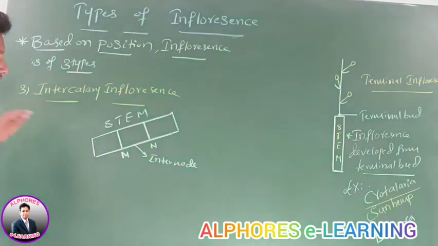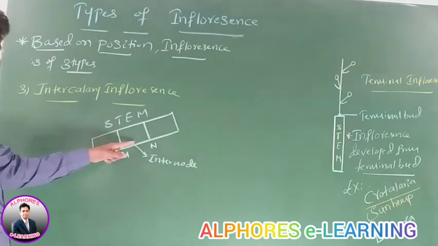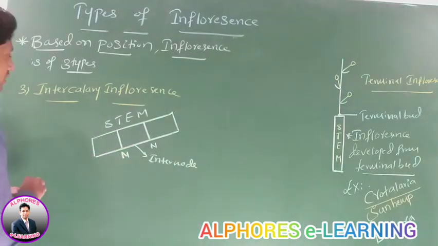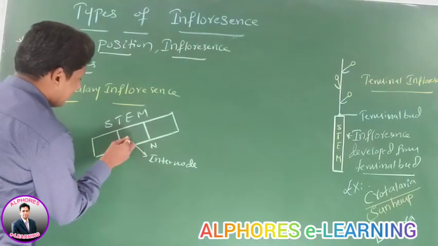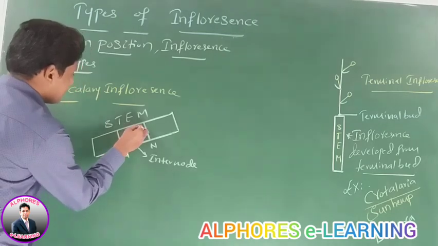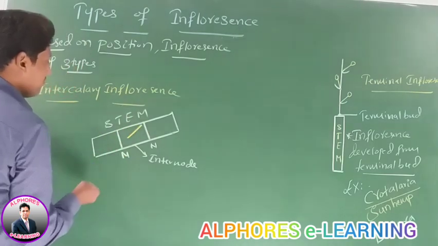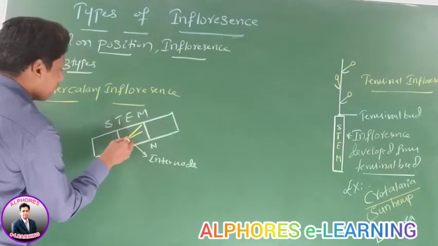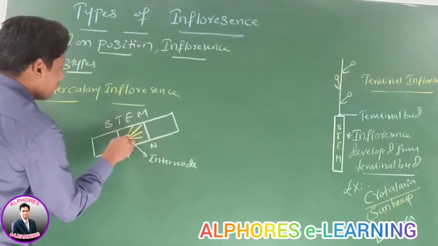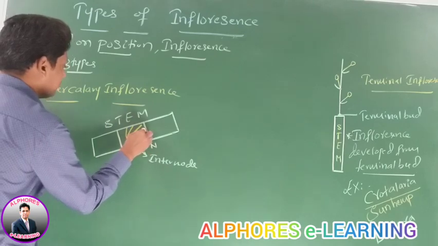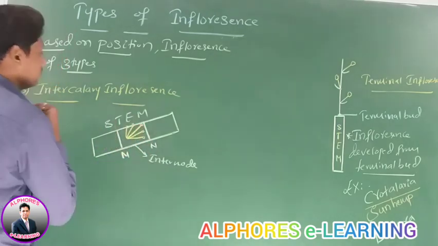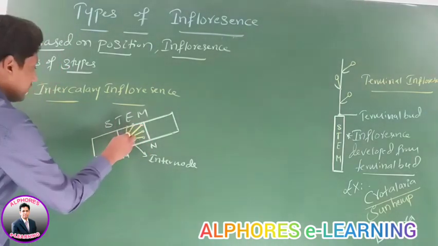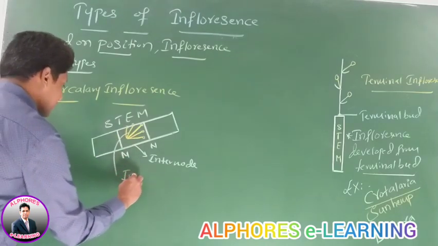In this internode, inflorescence is developed. Inflorescence is developed from where? From the internode of the stem.